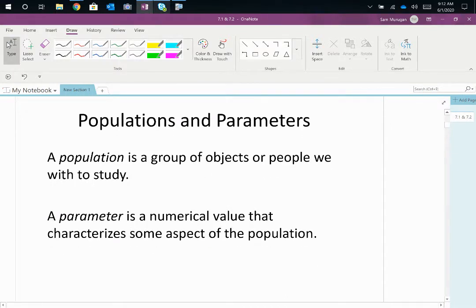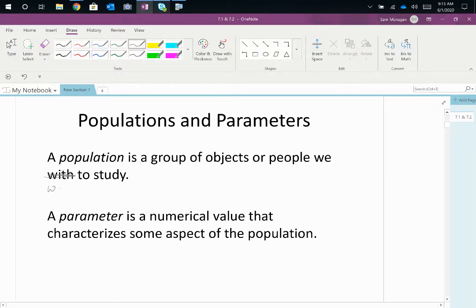A population is a group of objects or people we want to study. This is a typo right here, it should say we want to study.